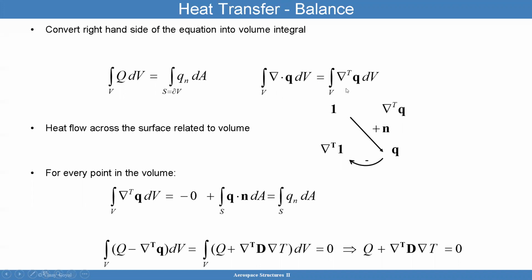And so I'll integrate by parts by pretending there's a 1 there that's not there. I'll put 1 on the left side, gradient transpose q, and then I'll draw an arrow here, plus n. I'll remove this gradient but pass it to the 1, and the gradient of 1 is 0 because the derivative of 1 is 0. So what I'll do is I'll multiply this cross term and put it in the boundary.